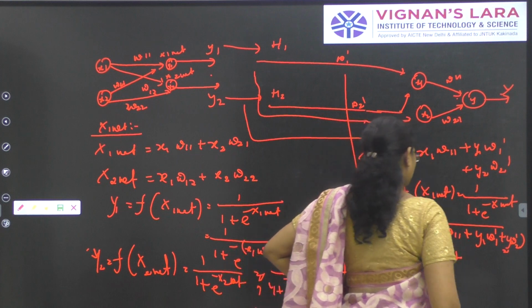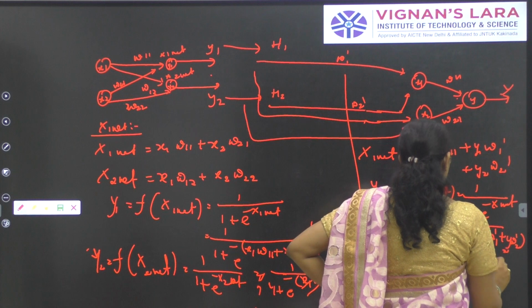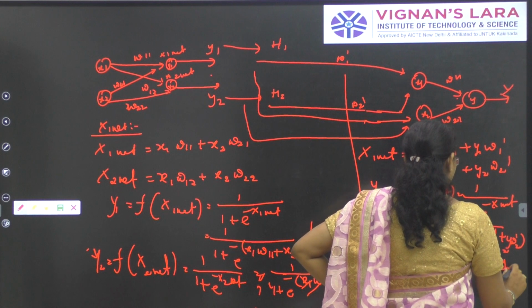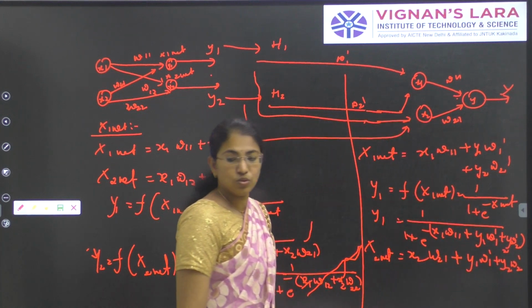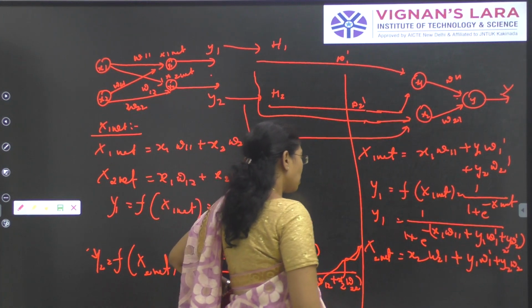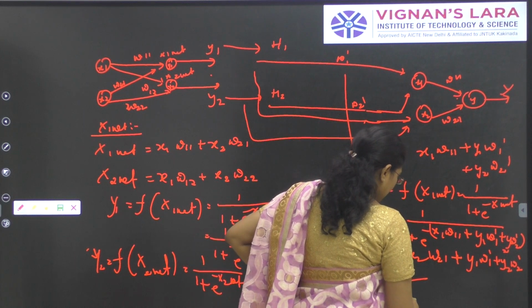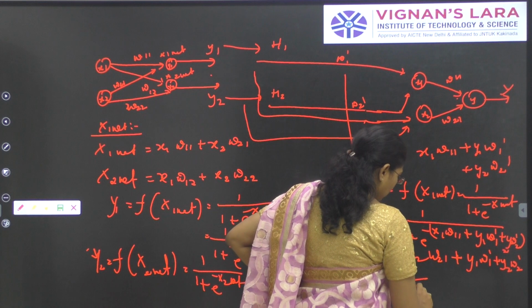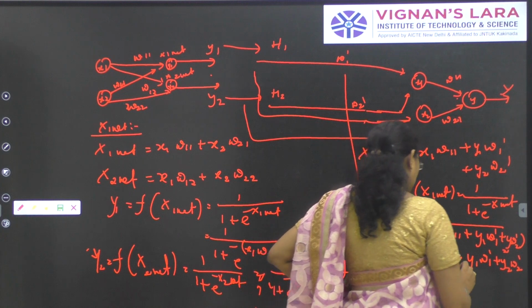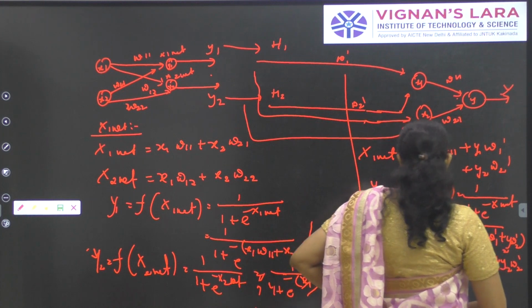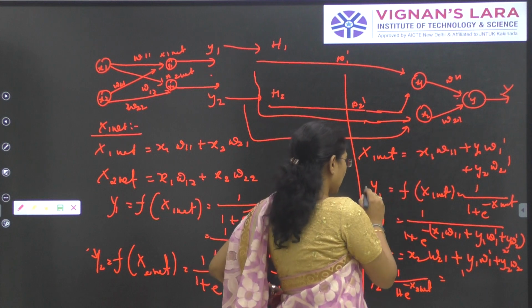So y1 into w1 dash plus y2 into w2 dash. Now what is your y2? 1 by 1 plus e power minus x2 net. Here you are having only one output. This is the case for two outputs.